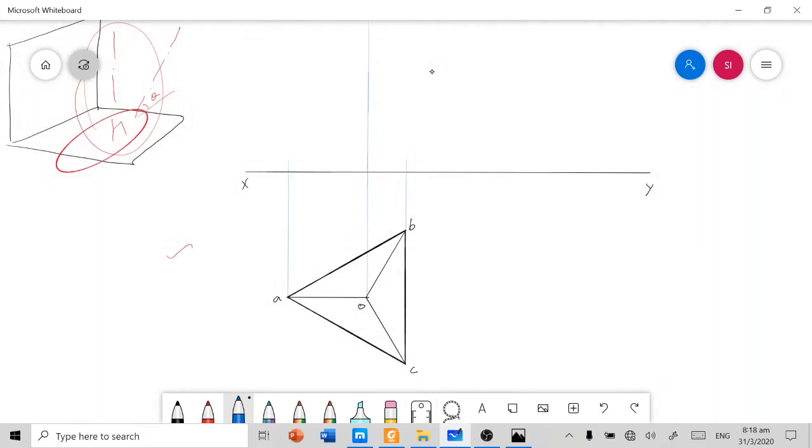Now we can mention the base corners in the front view. They are a dash, b dash and c dash, with b dash inside the bracket.